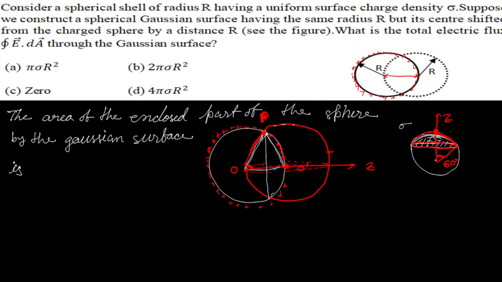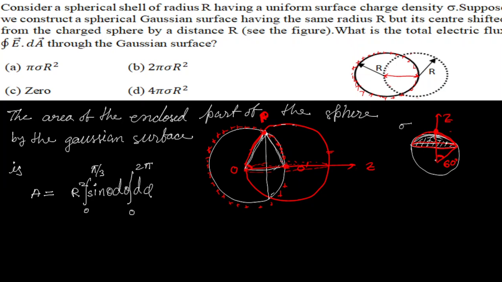Let's say A is equal to, the radius is r, so what will be the elemental area? r square sine theta d theta d phi. Now what will be the limit of theta in this case? For this portion it will be 0 to pi by 3, that is 60 degrees, and phi will be 0 to 2 pi.